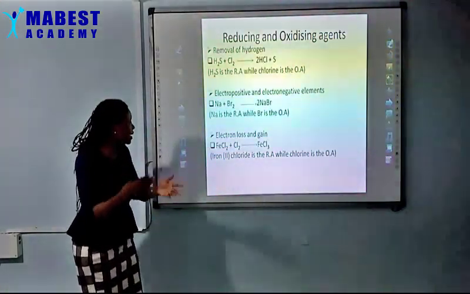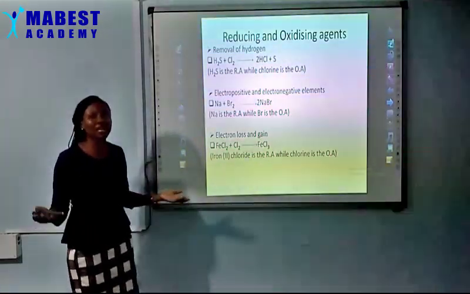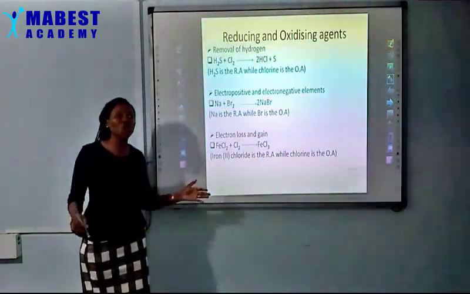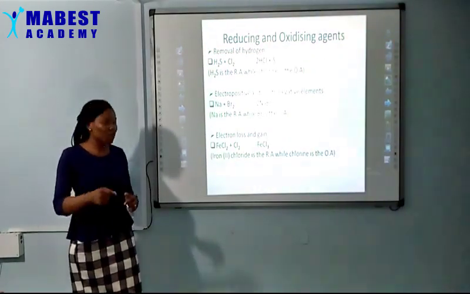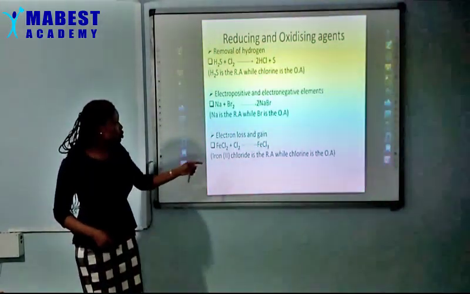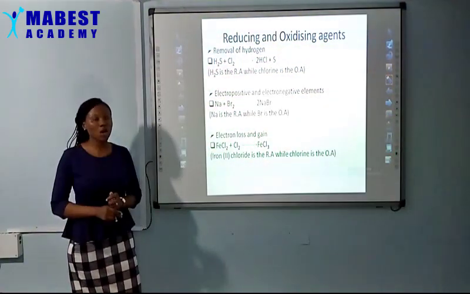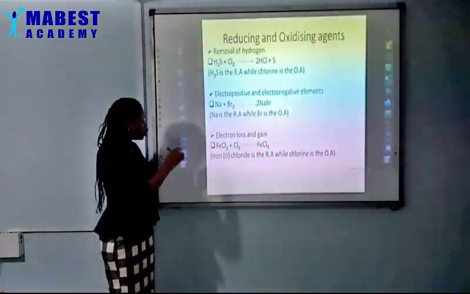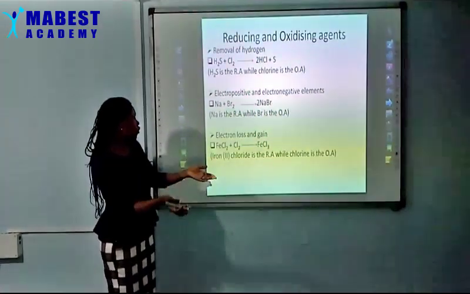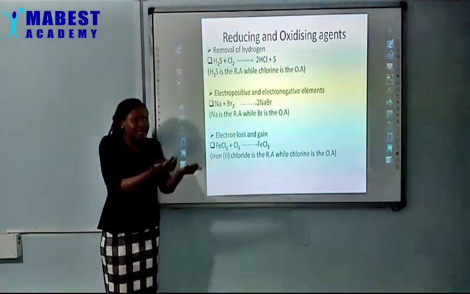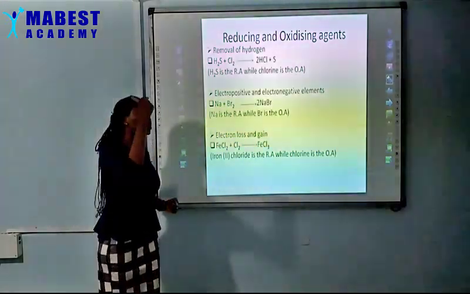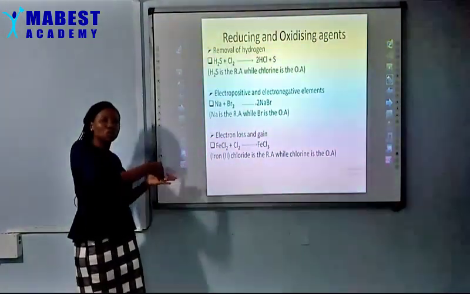And for loss of electron and gain of electron, you can see an equation here between iron(II) chloride and chlorine to form iron(III) chloride. Iron(II) chloride there is the reducing agent, while chlorine is the oxidizing agent. Why? You will be wondering, iron(II) chloride, you will think it has gained electron. No, it has not gained electron. Initially it was iron(II) chloride.